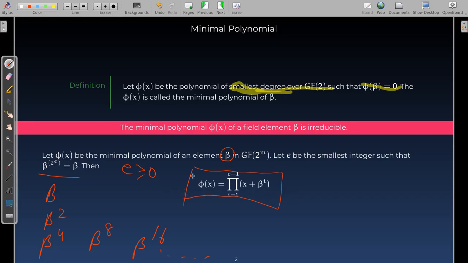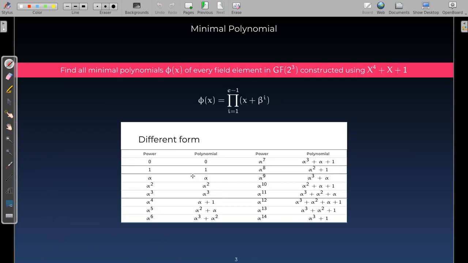So we are going to find this polynomial for certain field elements. Here we have a problem: find all the minimal polynomials phi x of every field element in GF2 to the power 4, constructed using x4 plus x plus 1.